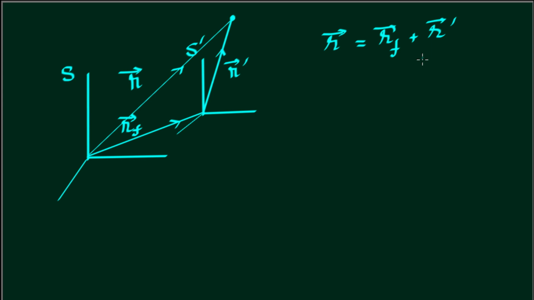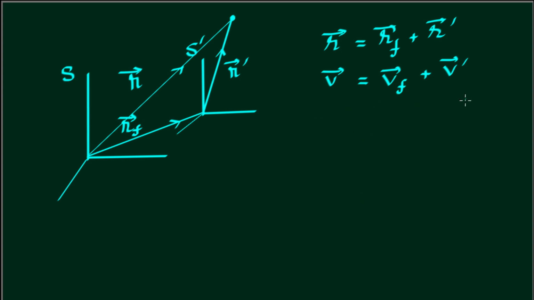If I differentiate this equation, I get the velocity of the bird as seen from the inertial frame is equal to the velocity of the moving frame plus the velocity of the bird as seen from the moving frame. This is the velocity transformation equation that we use to solve the direction of rain problems, river and boat problems, aeroplane and wind problems. Since we are now talking about accelerating frames, let's differentiate it again.